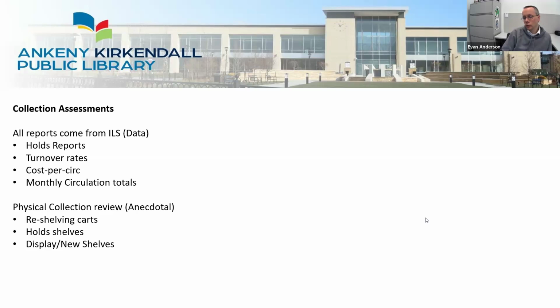There's a wide range of variety in that kind of report. Like our picture books, the cost per circ is about 0.00015 cents per circulation because they go out so much. Whereas a YA Playaway, which has the worst cost per circ, is about $8 per circ.